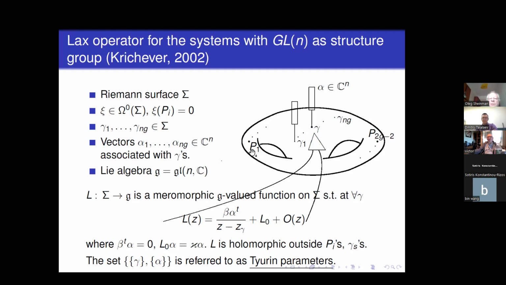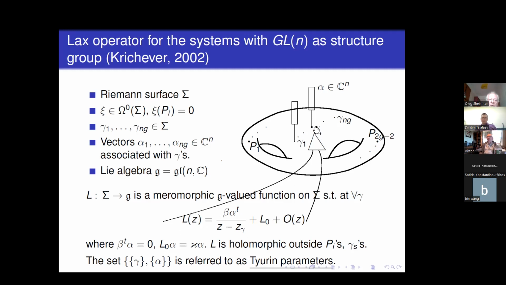At the p points, there is no restriction on the order of the pole, but at the gamma points, the expansion of L(z) is specified as it is written here.